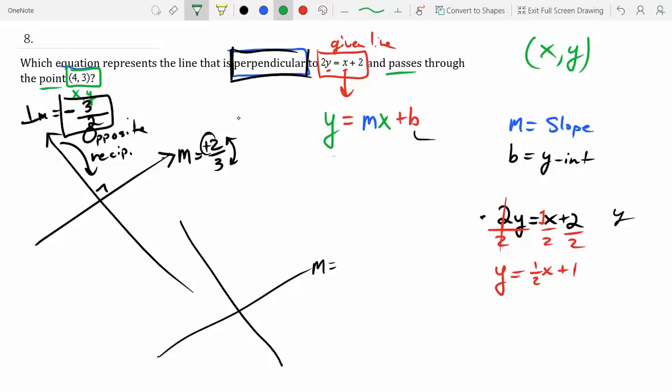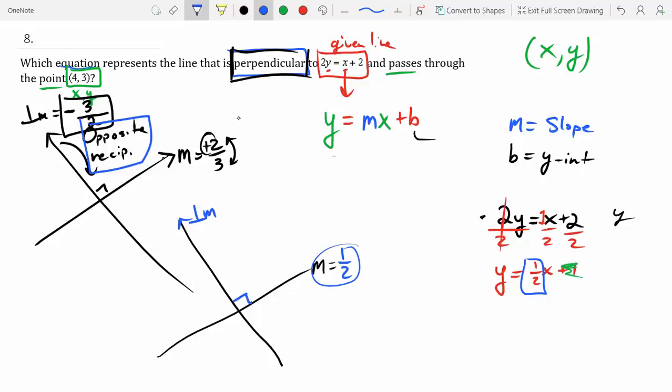But honestly, I don't even really care about that. I'm just going to get rid of it. The important thing to know is my slope for that original line is that 1/2. So the line that's going to make a right angle, the line that will be perpendicular, needs to be the opposite reciprocal of that slope. It's my perpendicular line.